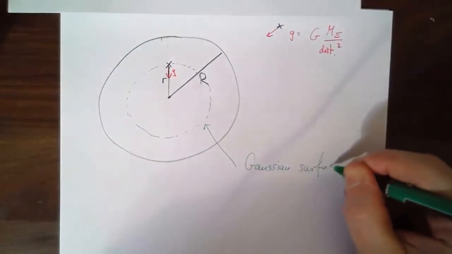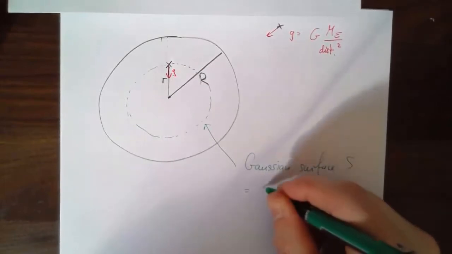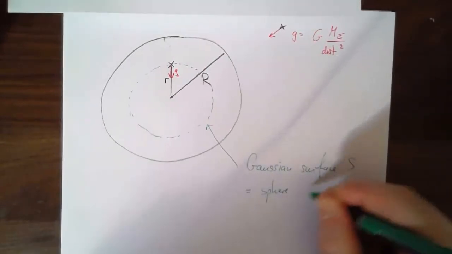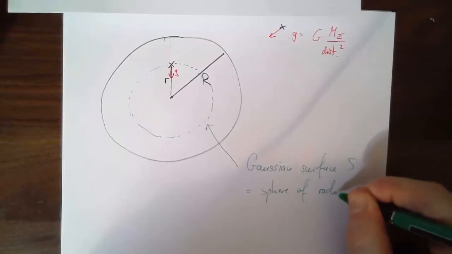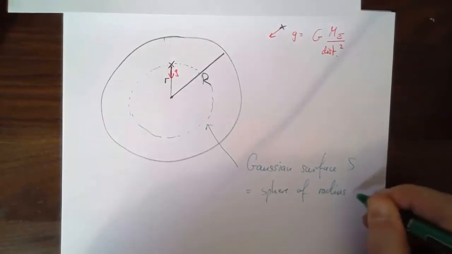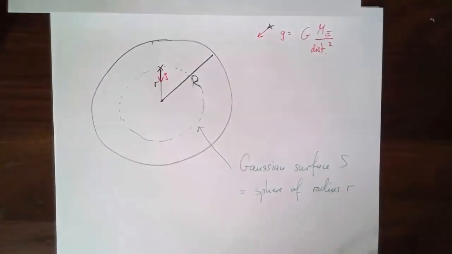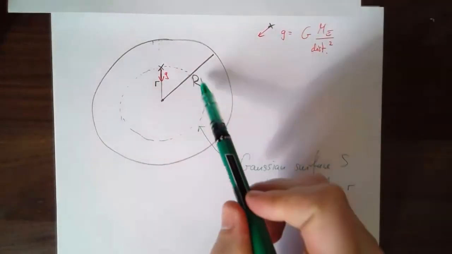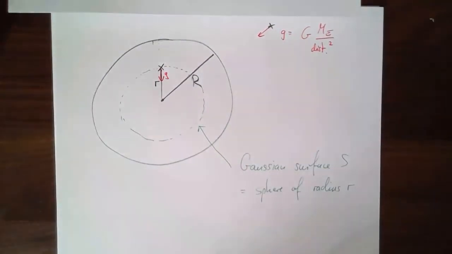My Gaussian surface S is a sphere of radius r. We're going to assume r is smaller than the radius of the Earth.